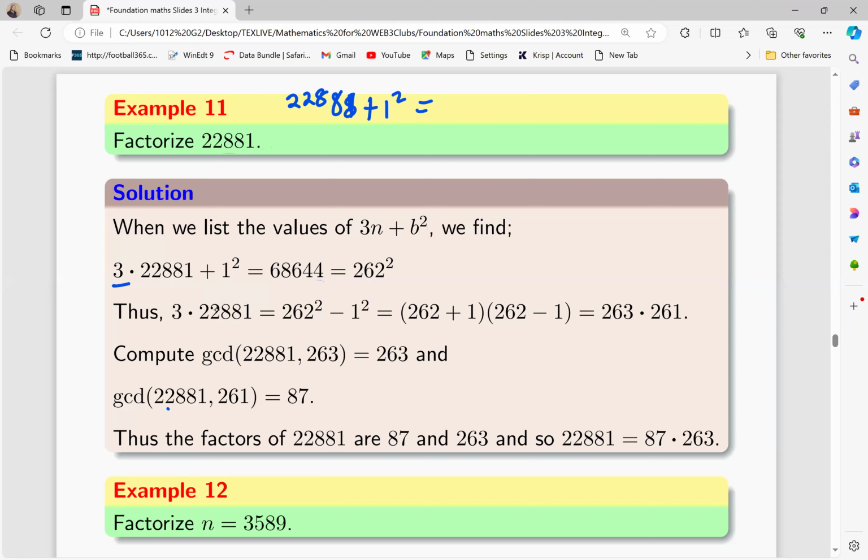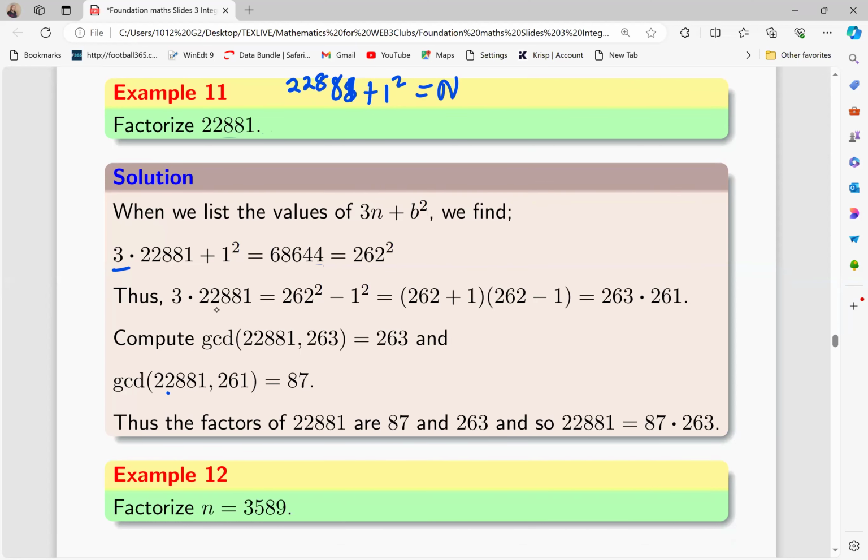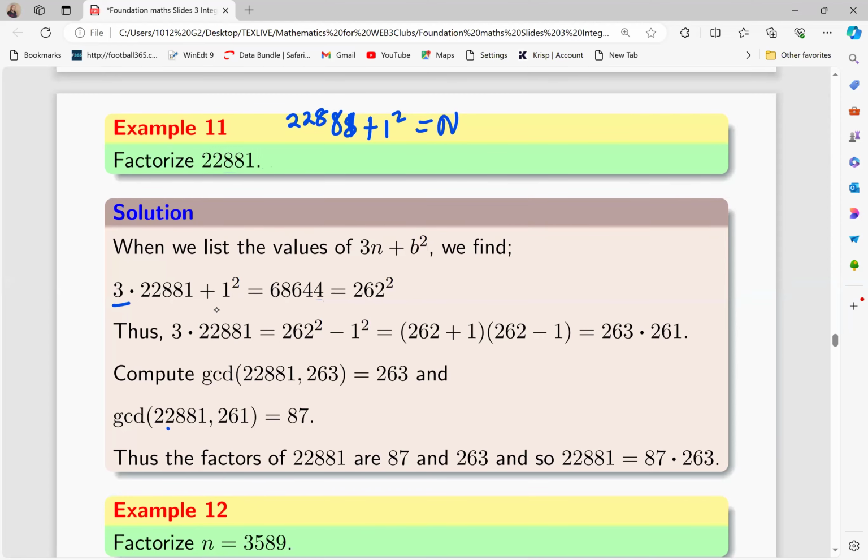So let me just open my calculator. I have 22,881 plus 1 square, and this is not a perfect square.